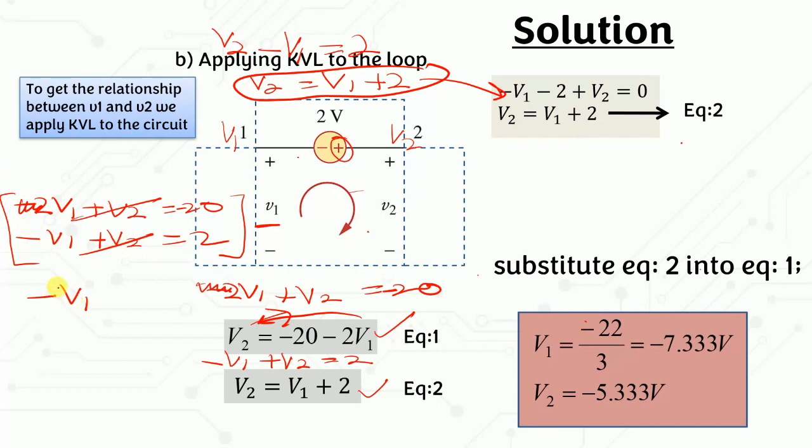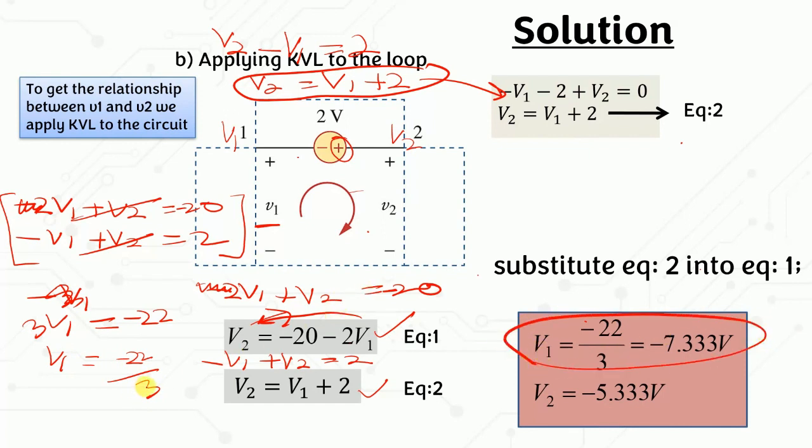Sorry, so this one's gonna be 3V1, 2V1 plus V1, and this one is gone, equal to negative 20 minus 2, you will have negative 22. So V1 is equal to negative 22 over 3. So this is your V1.